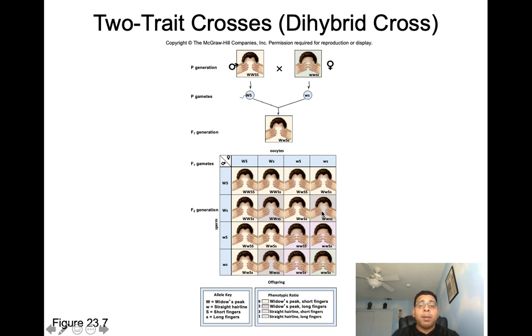The eighth possible genotype, capital W, capital W, lowercase s, lowercase s. The ninth possible type, capital W, lowercase w, capital S, capital S. The tenth, you can see we have 16 different types, capital W, lowercase w, capital S, lowercase s.